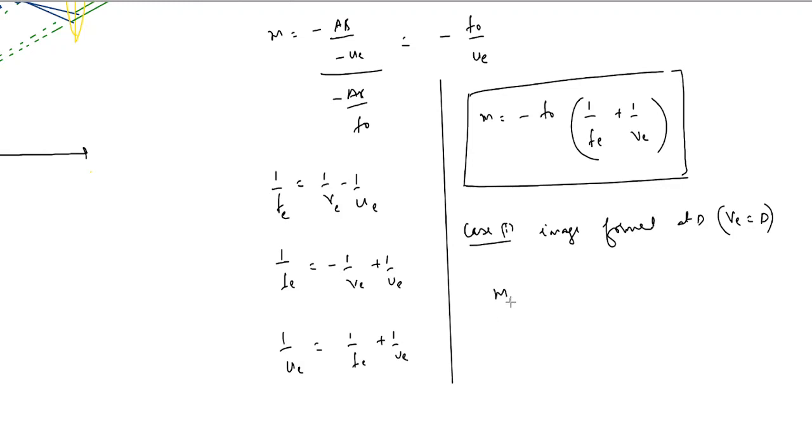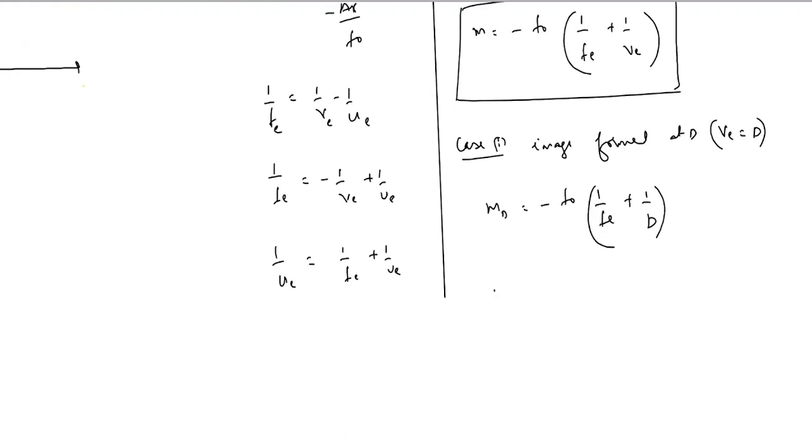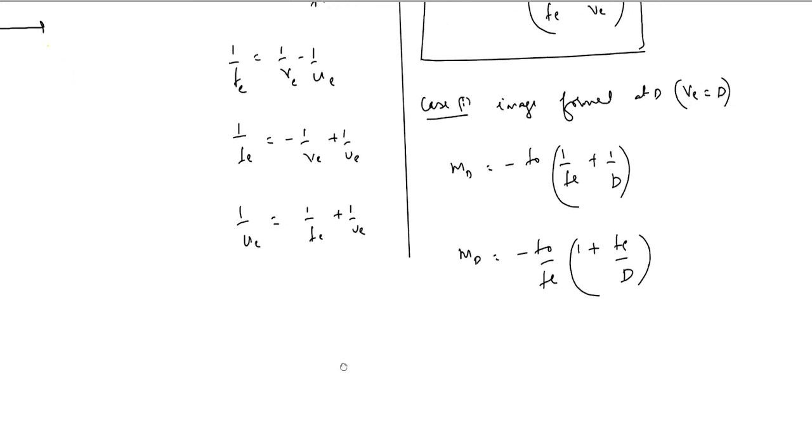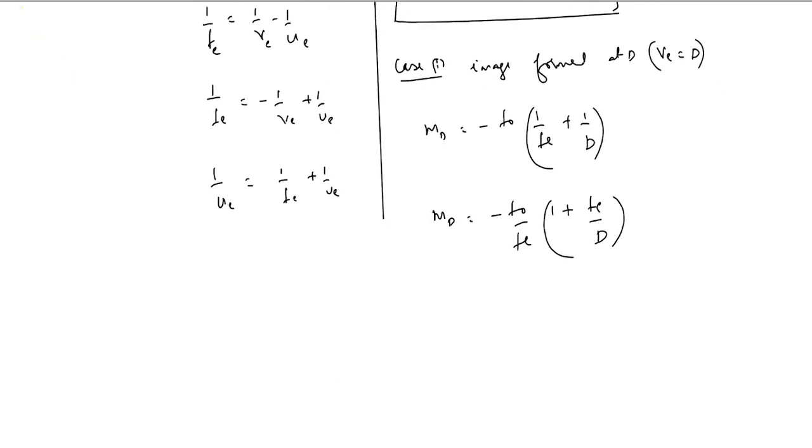So M D is equal to minus of F naught times 1 by Fe plus 1 by D. If you pull out Fe from this equation, then MD is equal to minus of F naught by Fe times 1 plus Fe by D. So this is the magnification in the case where the image is formed at D.